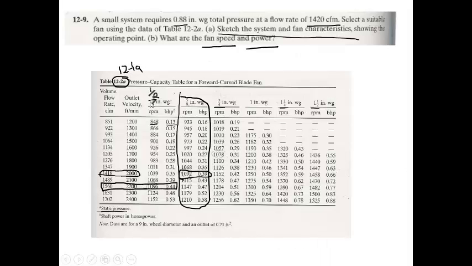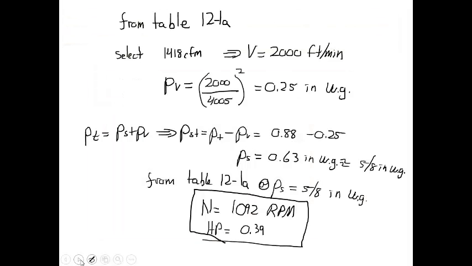Let's try another one. What if I were to increase my static pressure to 3/4 of an inch, and my RPM speed's the same? Here I would have 1078. That's about the closest that I can find to 1092. That would give me, again, different fluid velocities and flow rates.